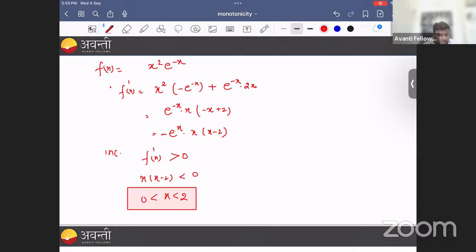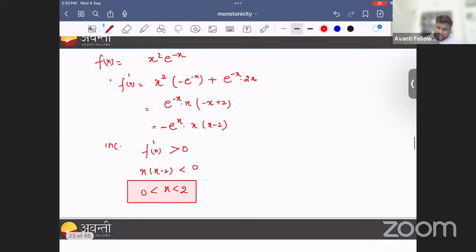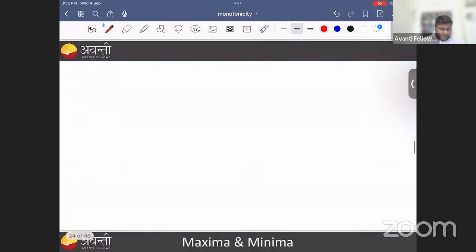Am I clear? So this is the interval where this function is always increasing. Now let us see another very good example.